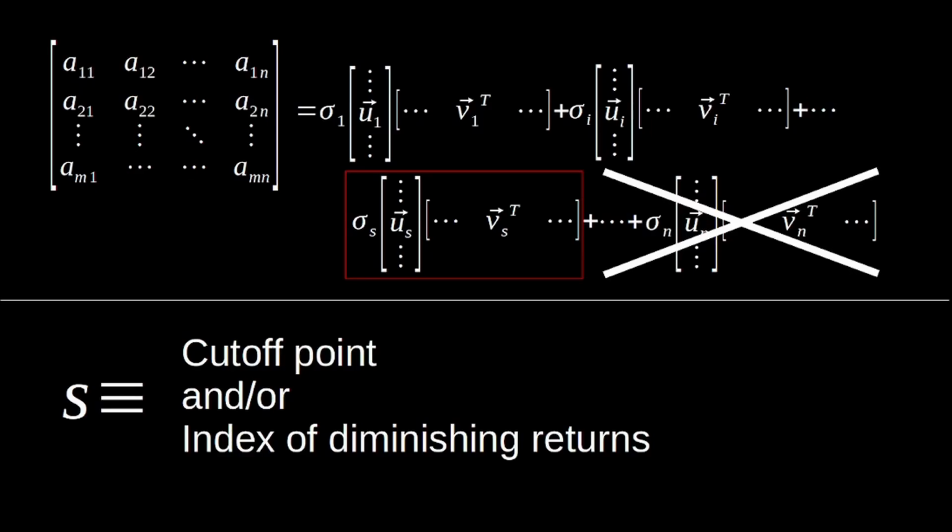In other words, it's not just chopping away singular values, but it's chopping off columns of our U matrix and rows of our V transpose matrix. And what that means is that in total, we're storing fewer numbers when we decompose all of this with our SVD and chop things away.